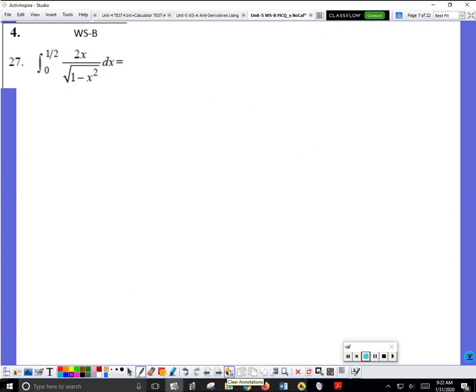So on number 4, here's what I would do. I would say this is equal to the integral from 0 to 1/2 of 2x over 1 multiplied by 1 over square root of 1 minus x squared. If you want to turn the page and write down this hint, that would probably be wise, like on a new page, so you have a way to get started on number 4 when you get home.